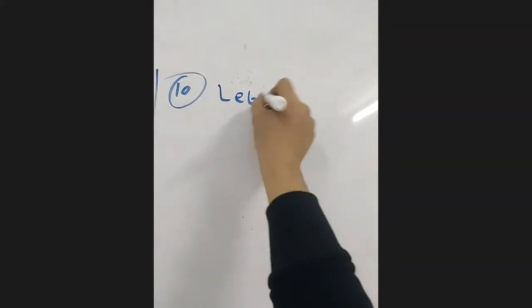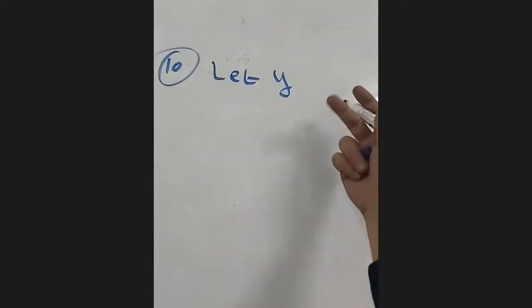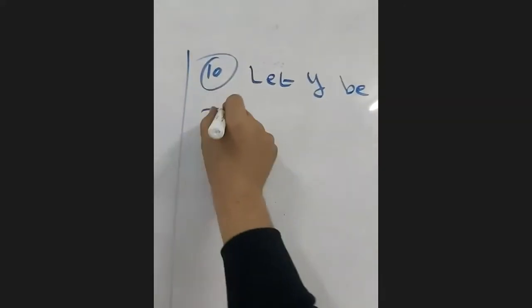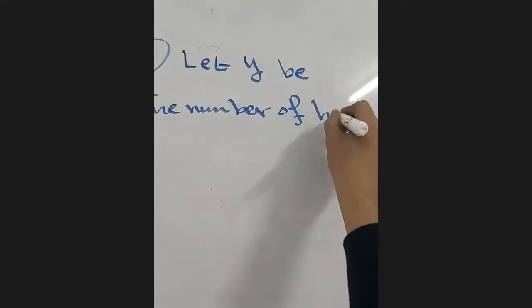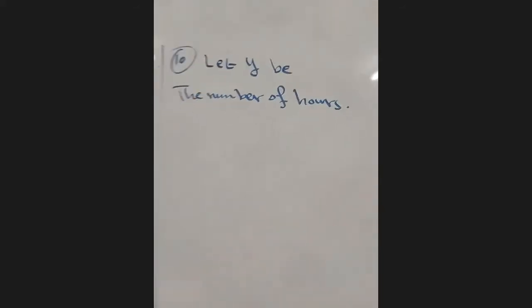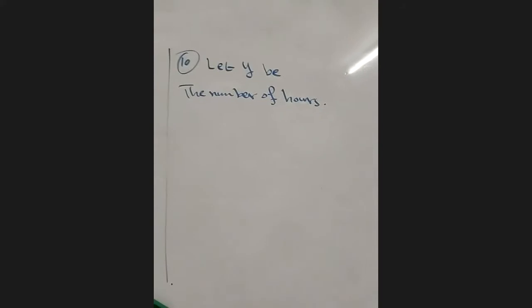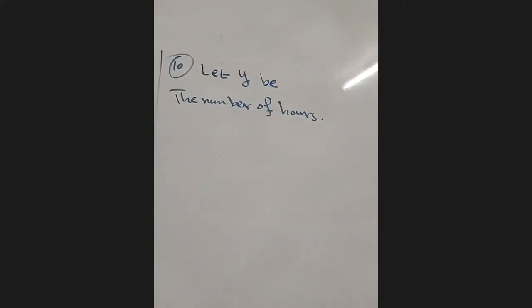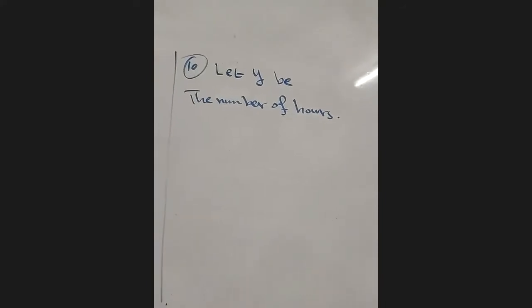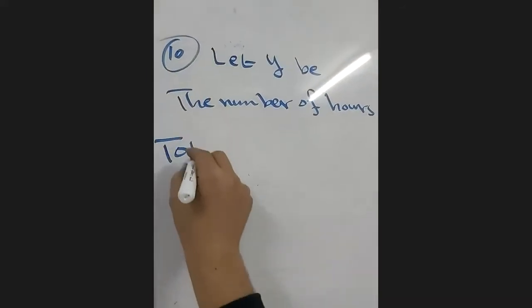So let y, or x, or z, or any letter, be the number of hours that this worker will work in this day. We don't know how many hours, right? Now, if he came to the house, we go to the total cost.